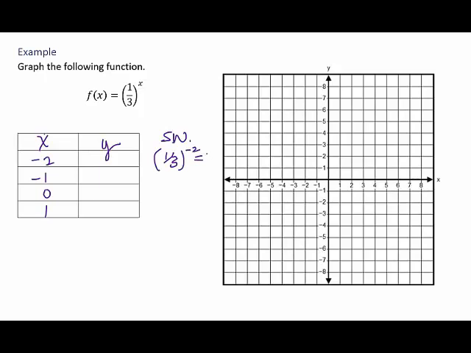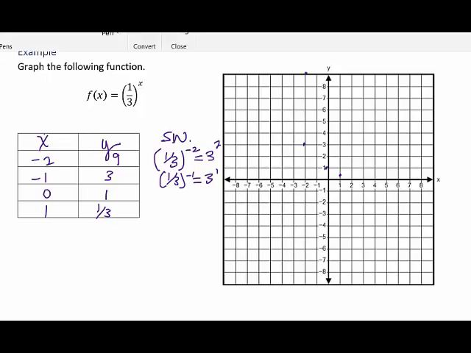Notice that's equivalent to 3 to the +2nd, or 9. If we raise 1/3 to the -1st, that is equivalent to 3 to the 1st, or 3. And then 1/3 to the 0 is 1, and 1/3 to the 1st is 1/3.